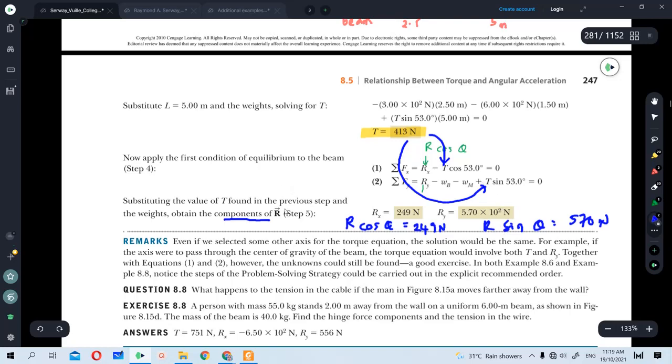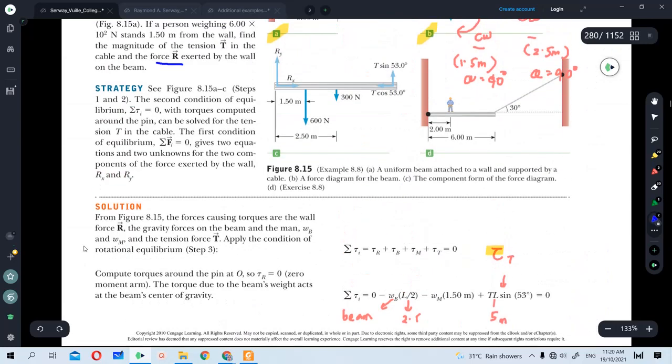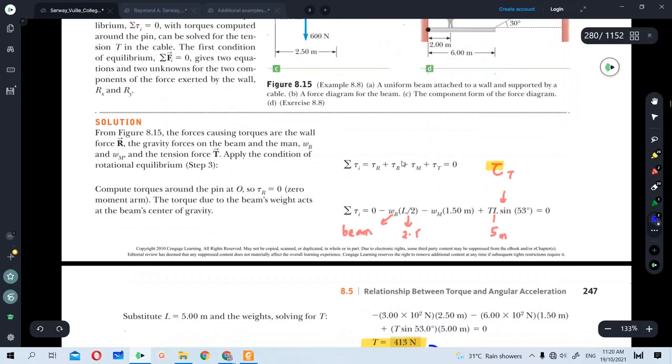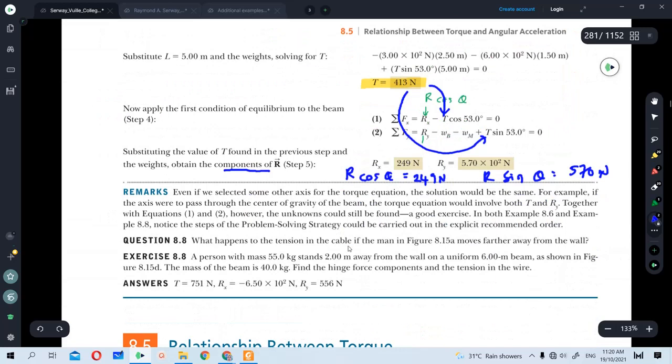But since it's asking for the value of force R alone, then the next step should be R equivalent to the square root of R in the x component squared plus y squared.